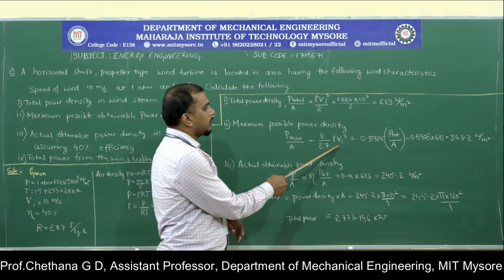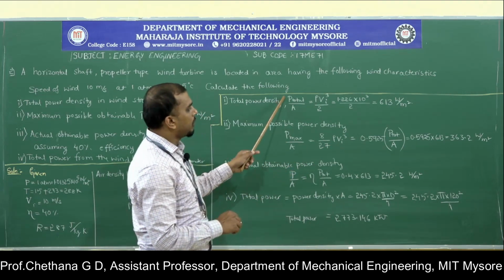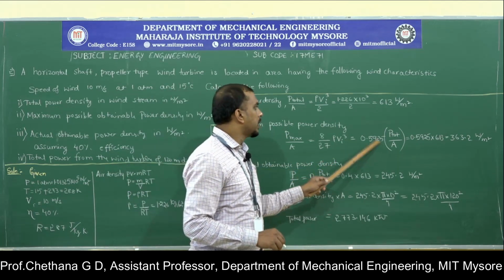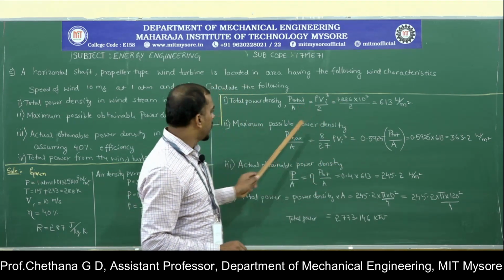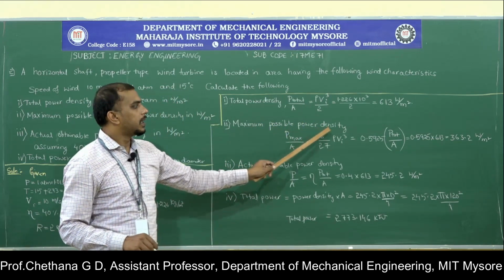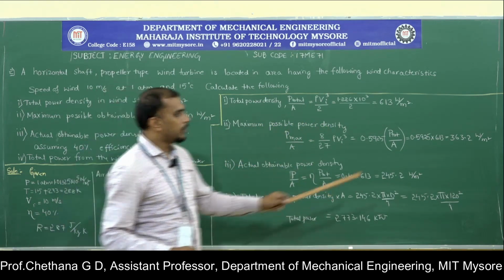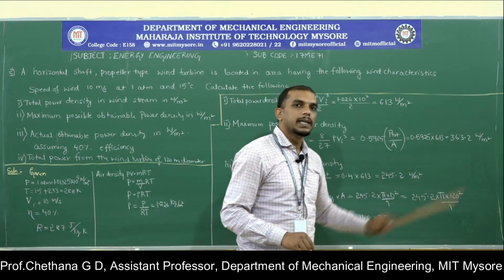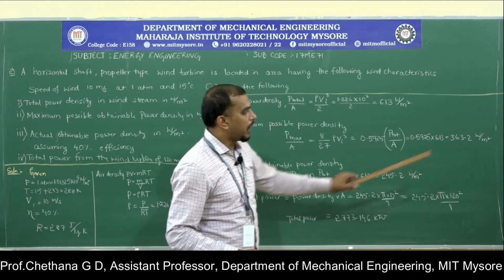This rho Vi cube is nothing but P total by area. So 0.5925 into this value will give you the maximum possible power density. So 0.5925 into 613 will give you 363.2 watt per meter square.